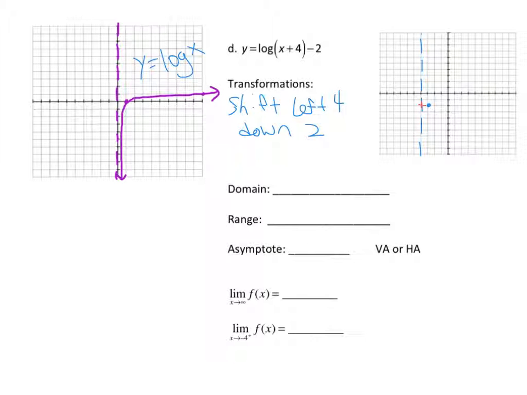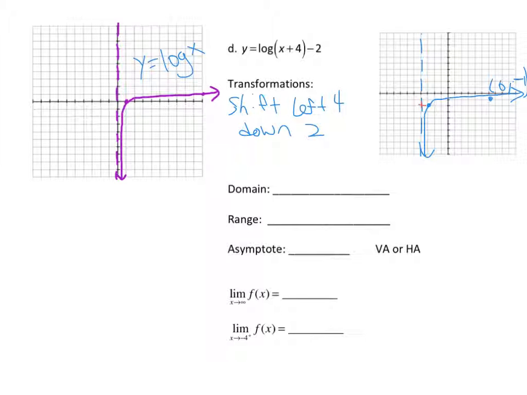Which puts me right there. And that's the ordered pair there is 6, -1. And we draw the shape of the graph, same as before.